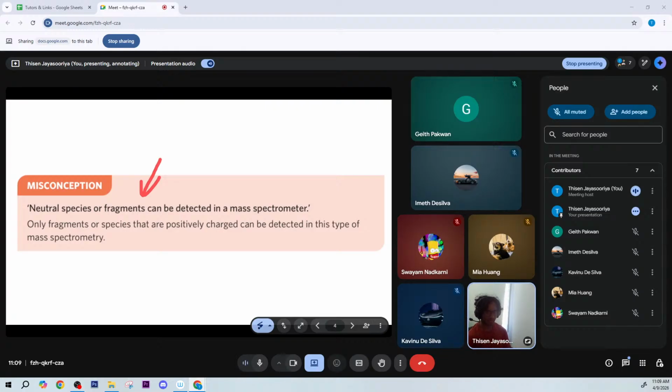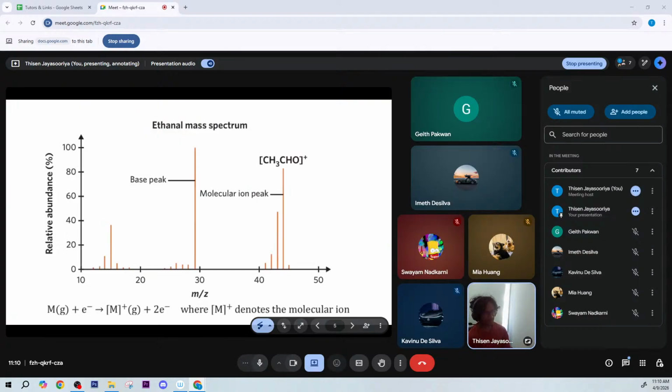If any of you have done physics before, you'll know that F equals qvB. If there's no charge, there's no force either. But you don't need to worry about that idea. You just need to know that you're only going to find charged compounds in your mass spectrogram.